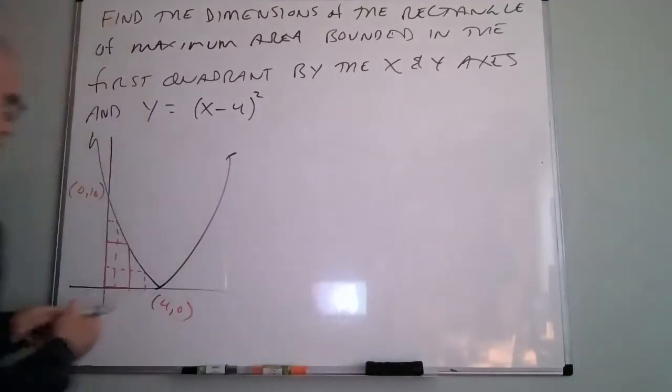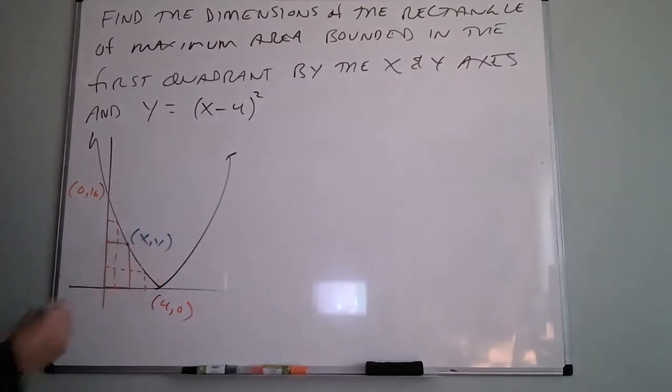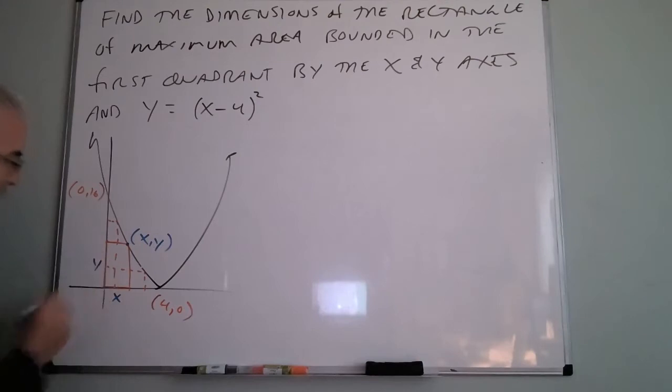So here's what we need to do. Let's call the point of intersection, how about (x, y)? If the point of intersection is (x, y), then clearly that side would be x and that side would be y.